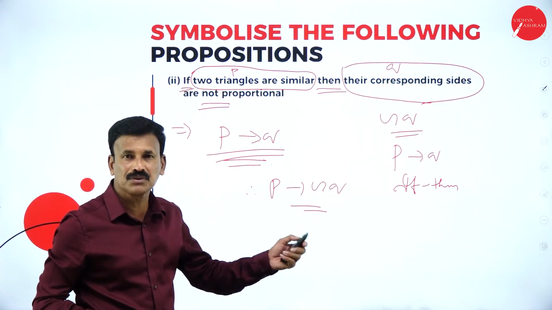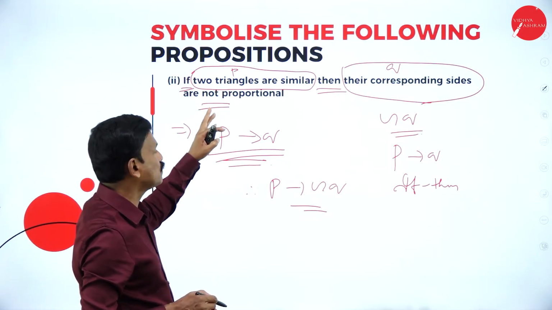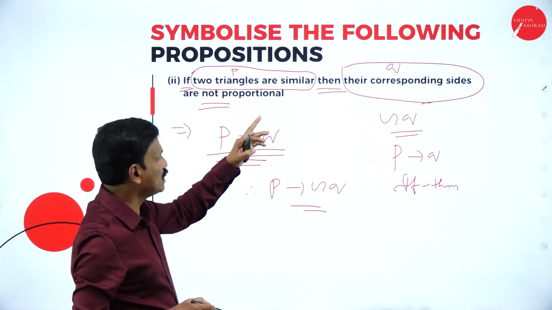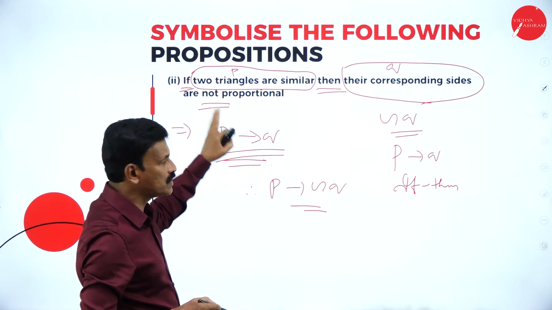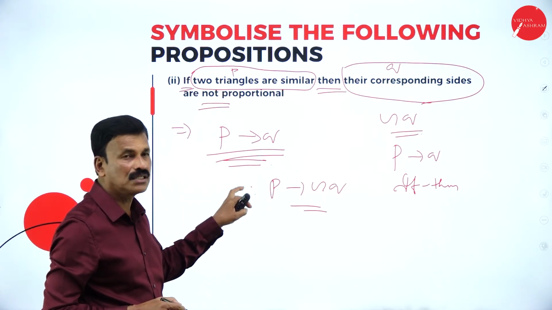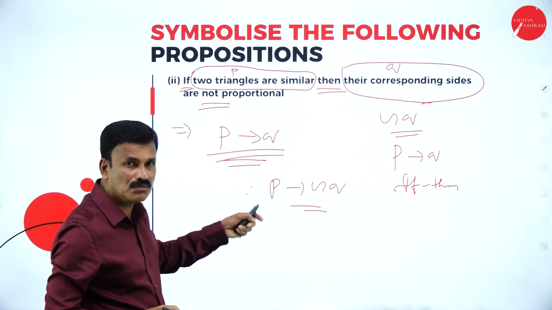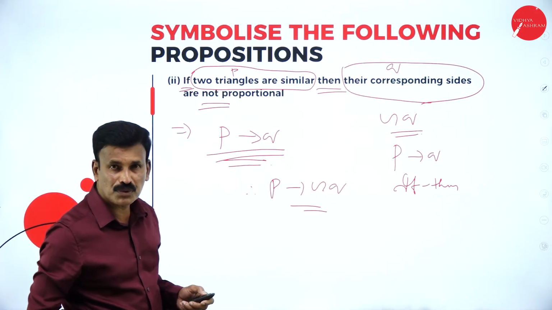Suppose they had not given the word not, meaning if two triangles are similar, then corresponding sides are proportional, we can write P conditional to Q. Since it is not, meaning negation, P conditional to negation Q. This is how we write the symbolic form for this given proposition.